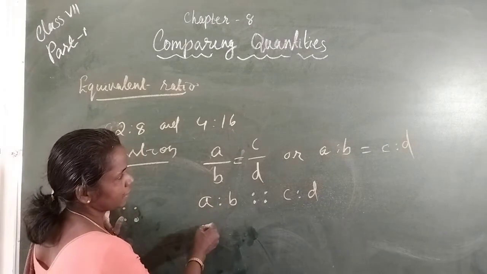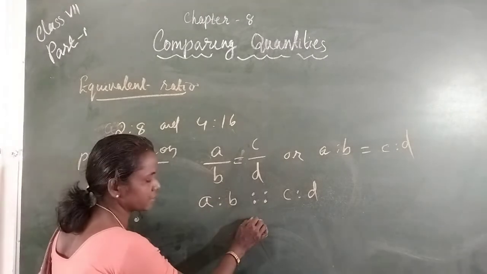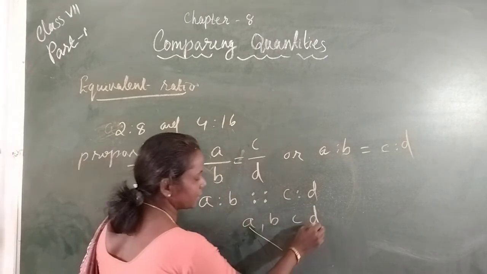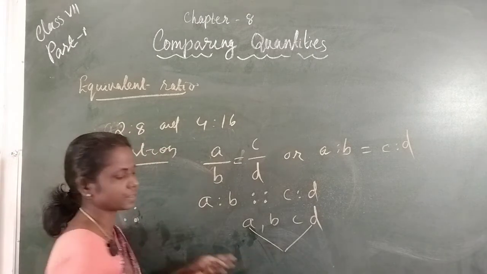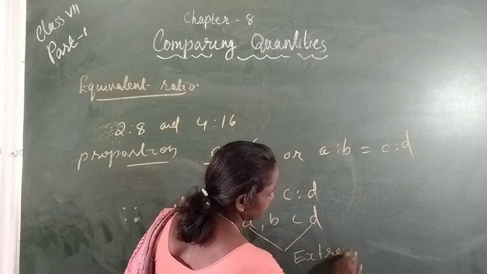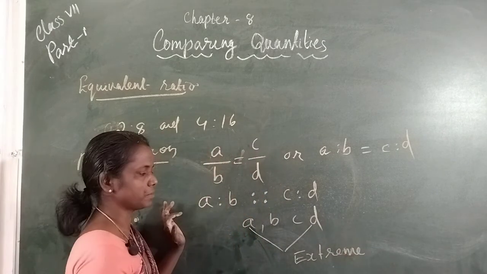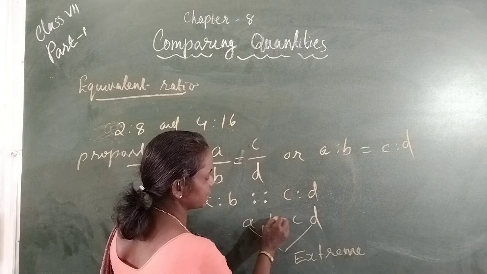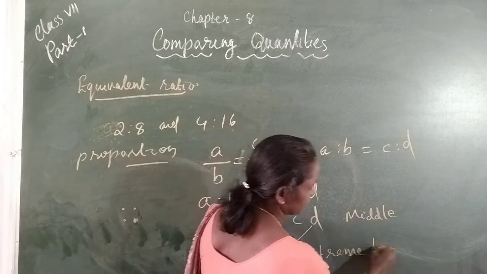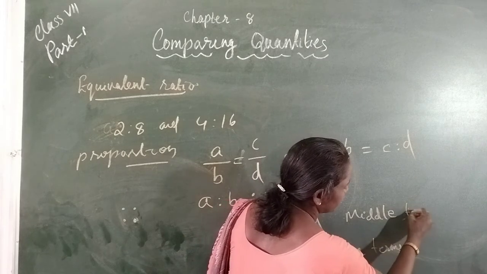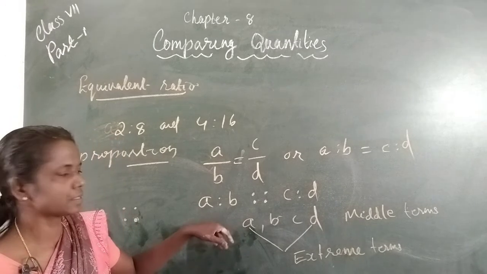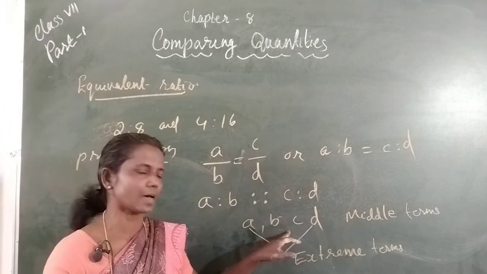Here how many quantities? 4 quantities: A, B, C and D. This A and D are known as extreme terms, and B and C are known as middle terms. Here these 4 quantities are in proportion.